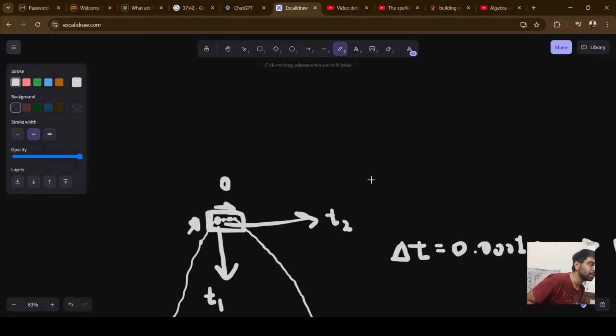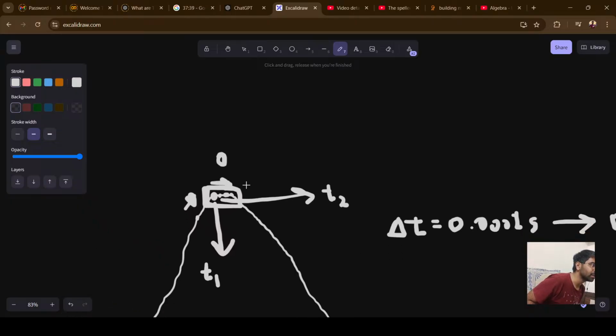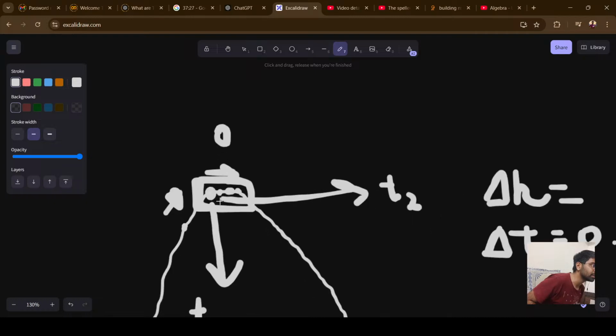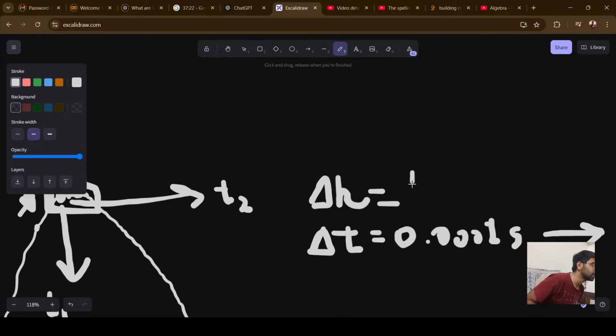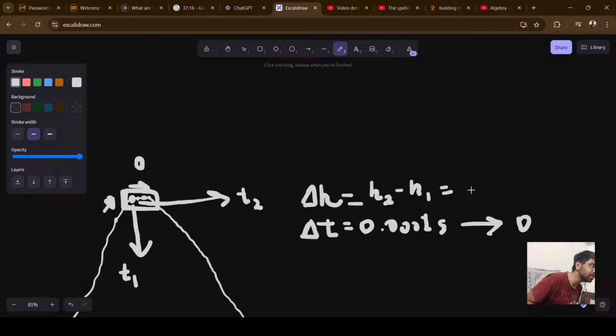And when I grab the height, h2 minus h1, it won't have much difference because the slope is 0, right? It is also 0.